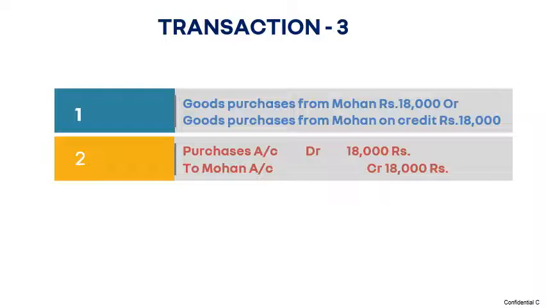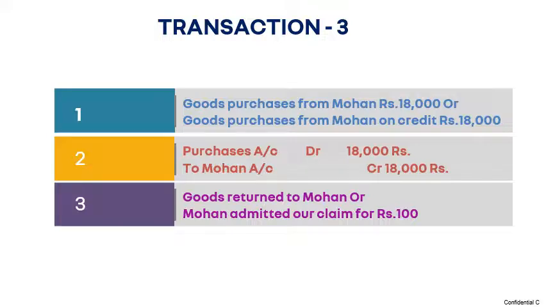Morgan is a personal account: debit the receiver, credit the giver. Here Morgan has supplied the goods. So Morgan has given the goods, so credit the giver. So purchase account debtor to Morgan account creditor.